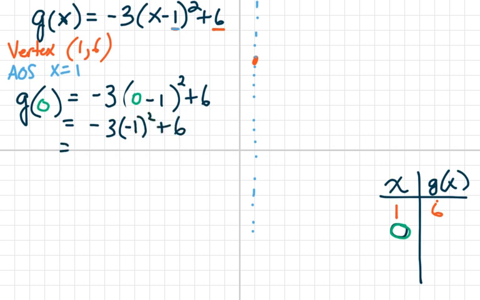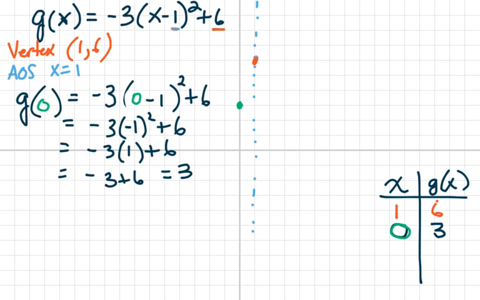That's going to be -3 times 1, because -1 squared is just 1. And -3 times 1 is just -3, plus 6, and that's just going to equal 3. So if I plug in a value of 0 for x, I'm going to get 3 for y, and that's the point right here. That's what we call the y-intercept for this function.